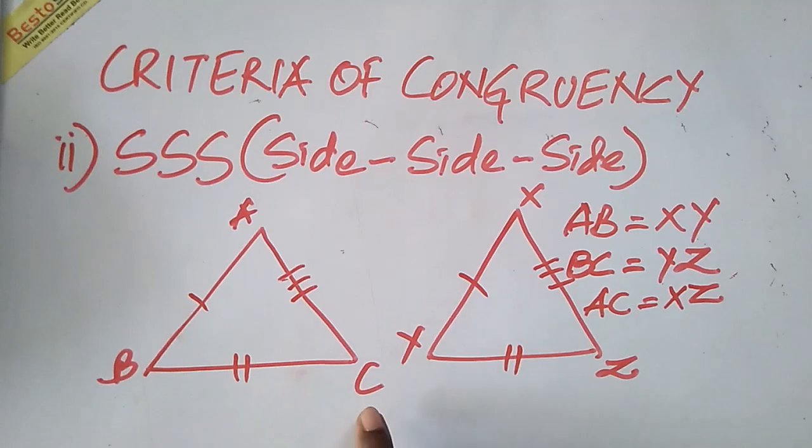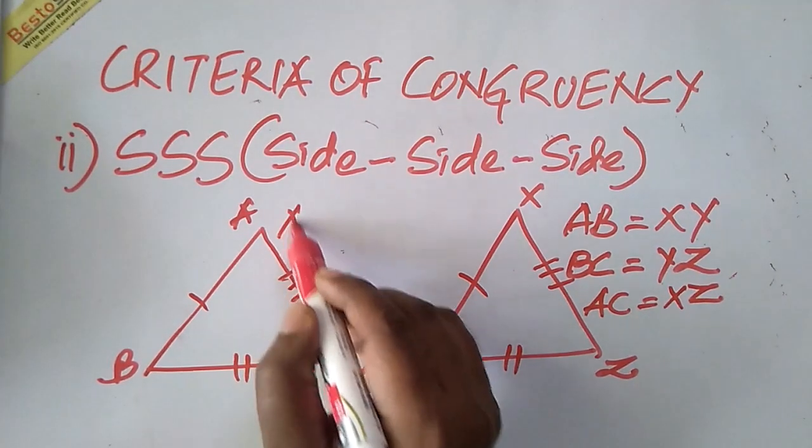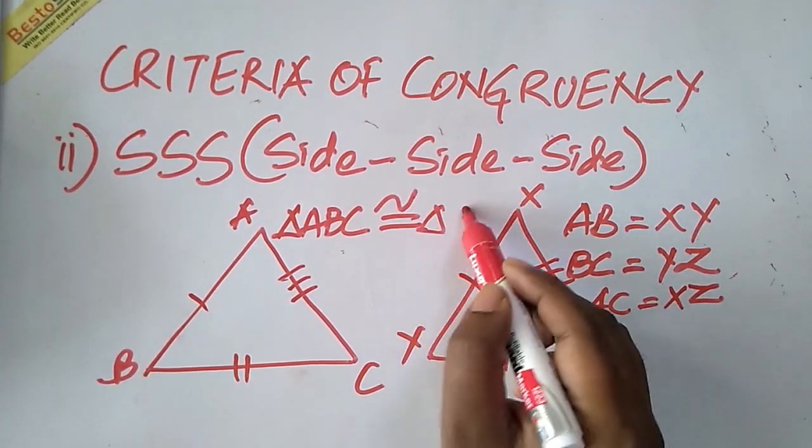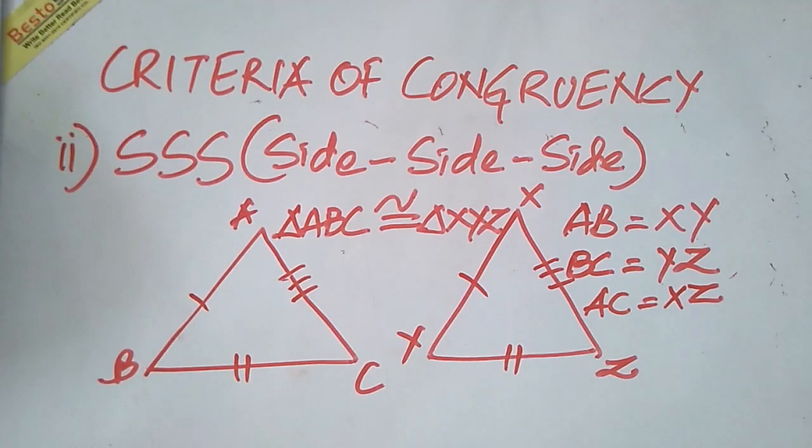Then side BC and side YZ are corresponding, they are same. And side AC and side XZ are corresponding, and they are same. So when we have this criteria fulfilled, all the three sides of the two triangles are same, then we will call it congruent, and we will write it in the same way. Triangle ABC is congruent to triangle XYZ. Right, so I hope you have understood the second criteria of congruency.